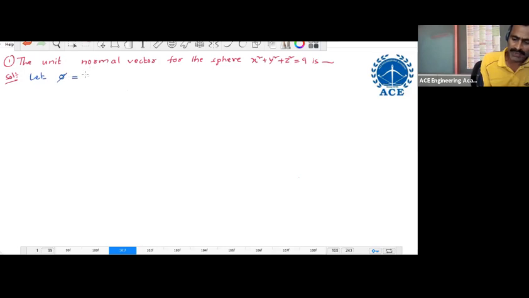Let phi equal to x square plus y square plus z square minus 9, a scalar function, equal to 0 is an equation of the surface.